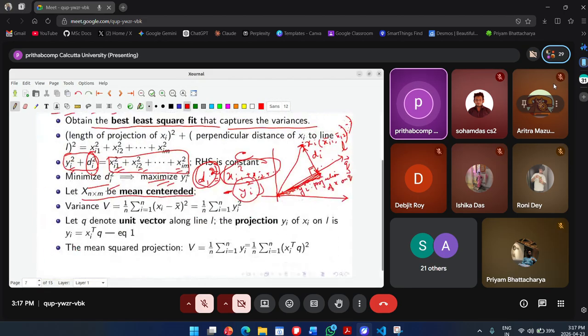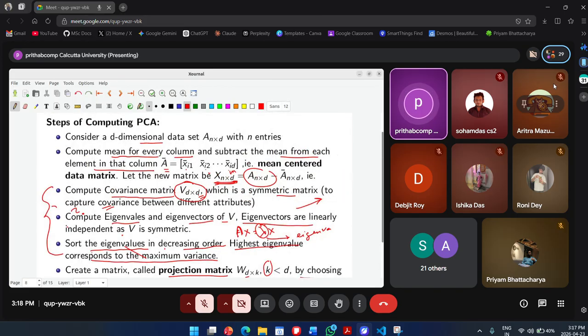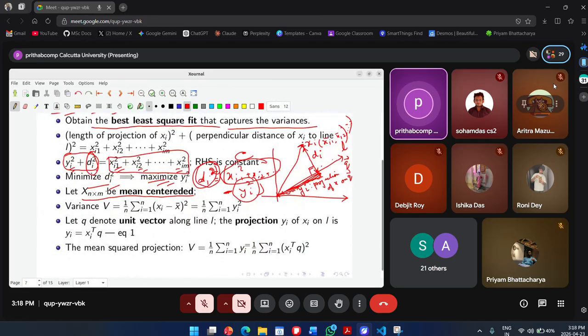You have converted that matrix to a mean centered one. This is done so that your computation becomes a little easier, because the attributes may have different scaling. So we standardize and center it to the mean so that the expression becomes much easier. For example, how does mean centering help?